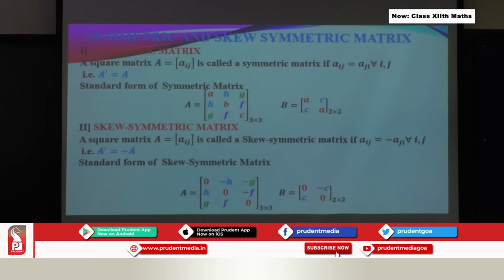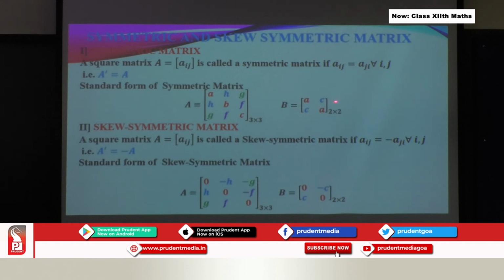Now look at the square matrix of order 2. It is very simple. You have A, I can have the same number also, I can have a different number also, but here, this is your principal diagonal, this is your minor diagonal.